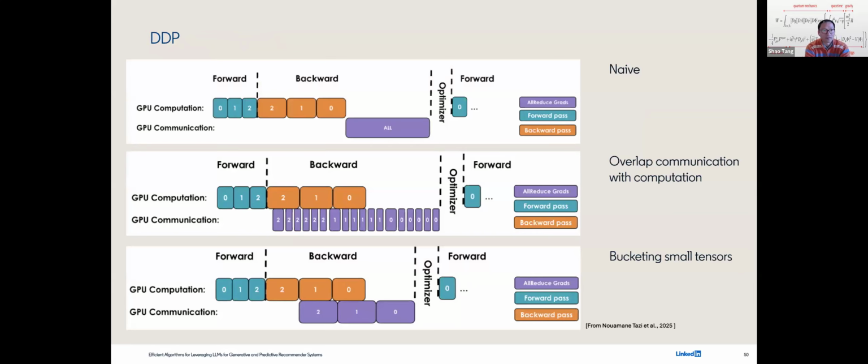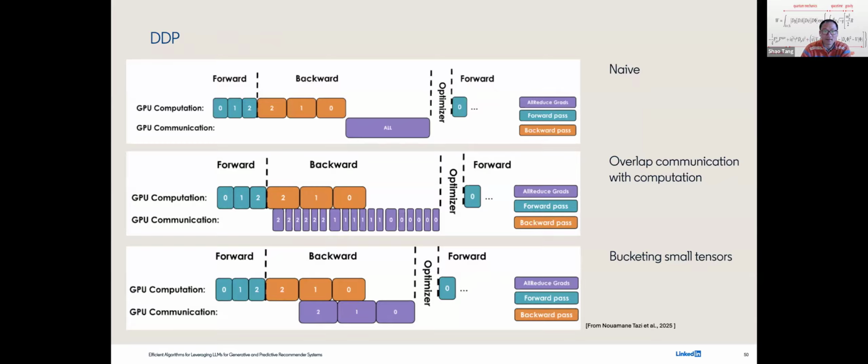Yeah. So for distributed data parallelism, the idea is actually quite simple. In the first row, we have 3 layers. So forward through layers 0, 1, 2, and then backward in the reverse order. Then we have to do all-reduce for the gradients, and that's the GPU communication as indicated by the purple box.